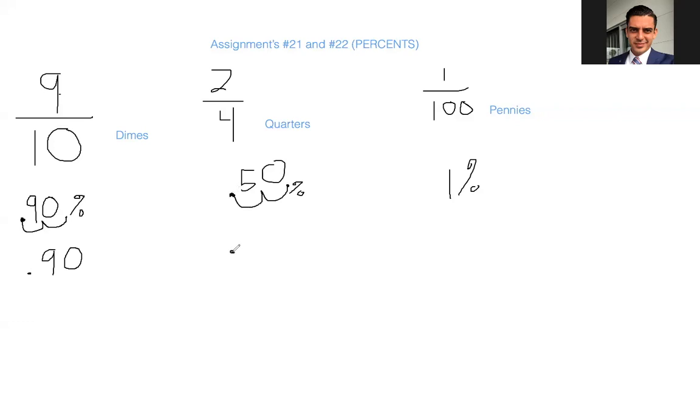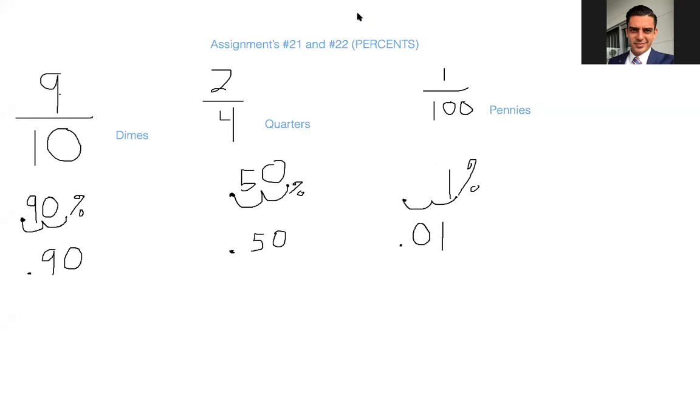This one's going to be 0.50. And this one over here, same thing. You start here, move over to the left twice again, and put the decimal. Now in this empty space right here, we're just going to put a 0. So this one would be 0.01. Pretty easy.